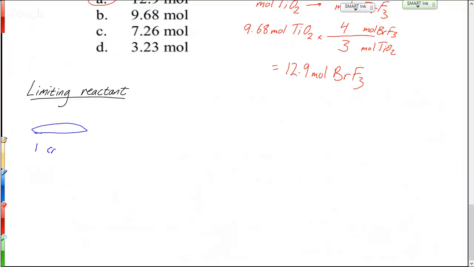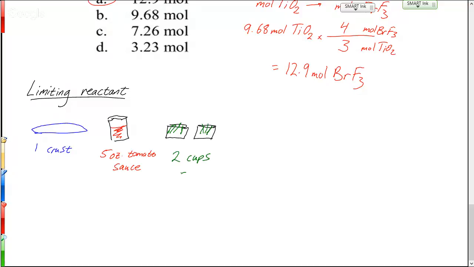So they say that to make a pizza, you need 1 crust, 5 ounces tomato sauce, and 2 cups of cheese.